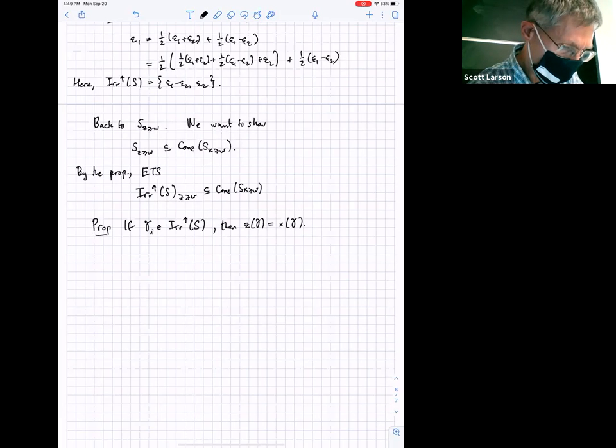So maybe I'll say gamma I. In other words, this follows from the statement that this, in fact, which is true in this case, is reduced.